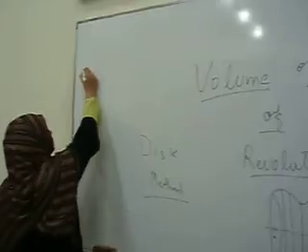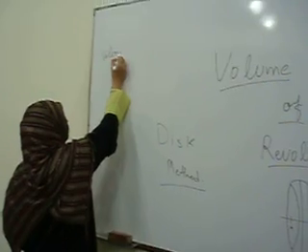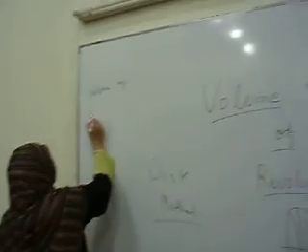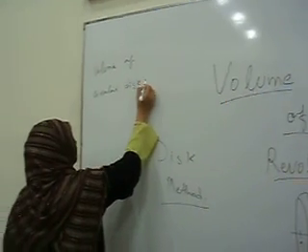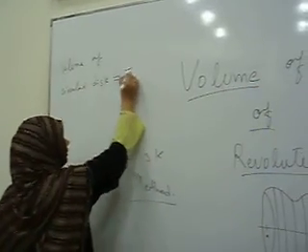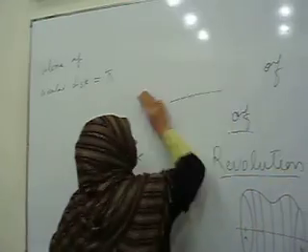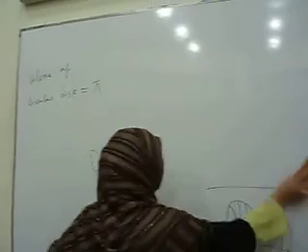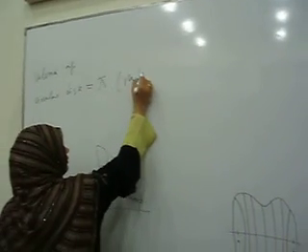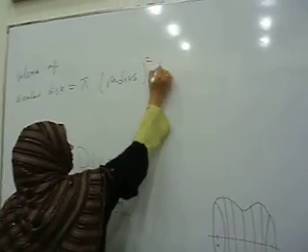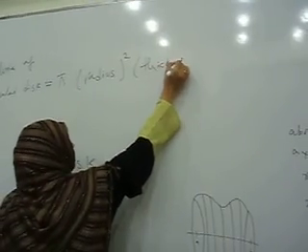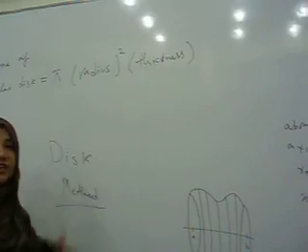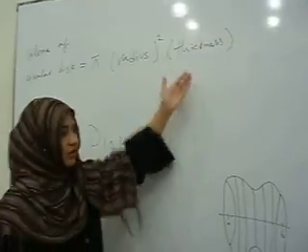The volume of a circular disc is pi into radius square into thickness. Now what is radius and what is thickness?